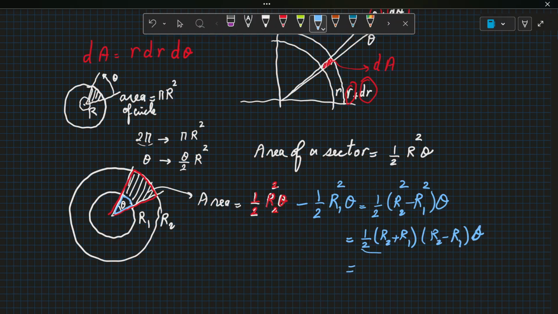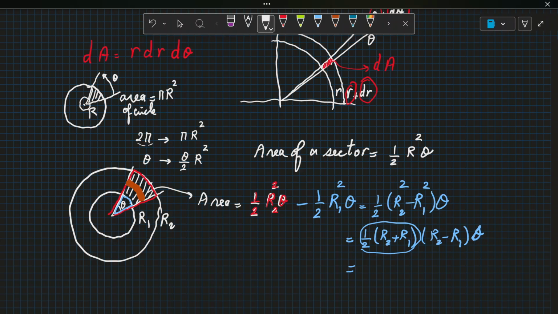So what is this? 1/2 of (r2 plus r1) would indicate an average radius. So average radius is somewhere here. That's the average of the two radii, r1 and r2, their average will be equal to that.